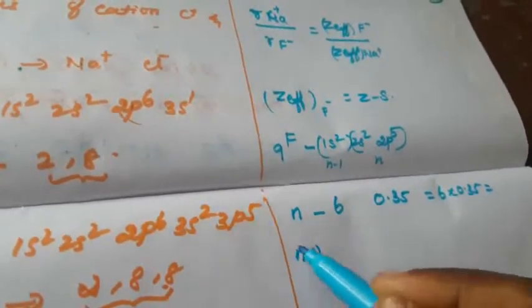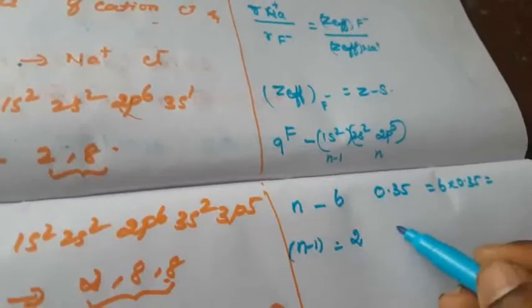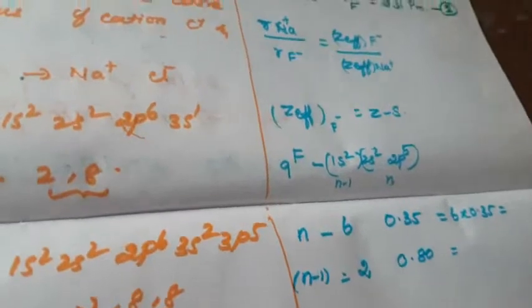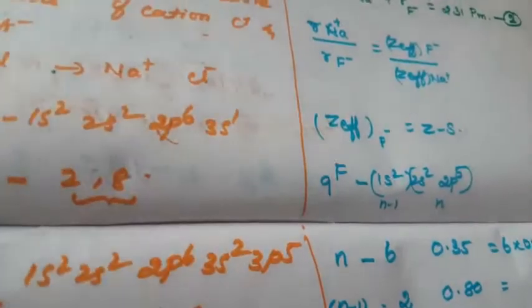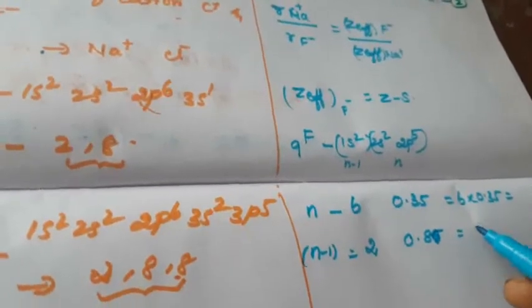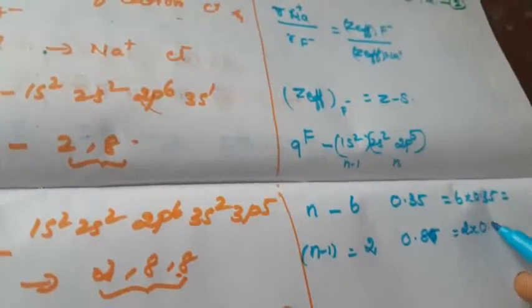Then for the n minus 1 shell, how many electrons are there? 2 electrons. What is that value? 0.85. So that is 2 multiplied by 0.85.